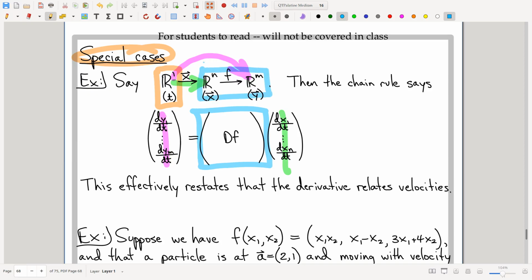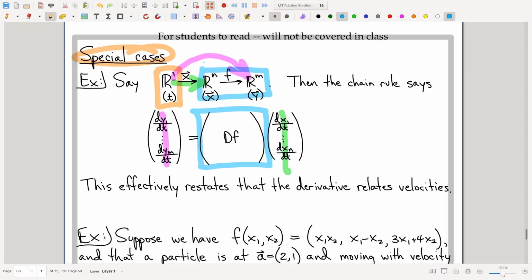The derivative matrix of f, according to the chain rule, again, all I did is write down the chain rule. The chain rule is telling me that the derivative matrix for f is what I multiply by my velocity in the domain to get the velocity in the target. And we already knew that.